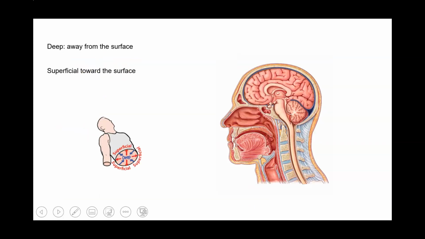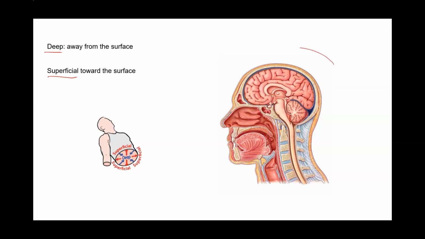The last two terms are deep and superficial. The word deep means away from the surface, towards the interior. Superficial means toward the surface, right? Where it's more external.